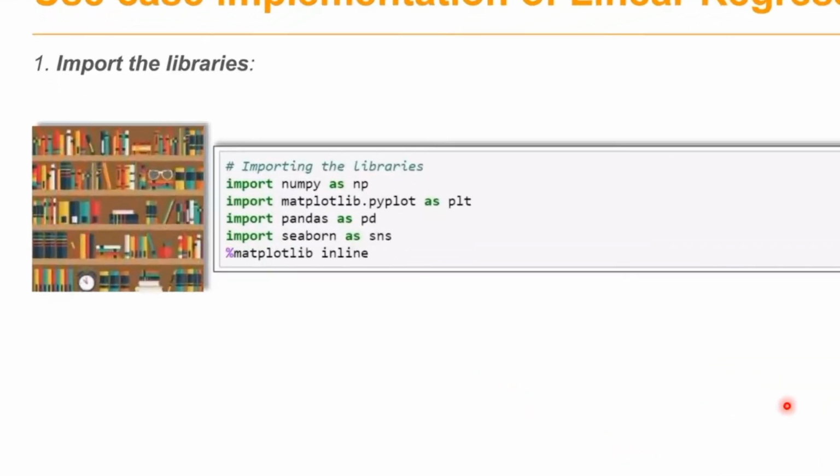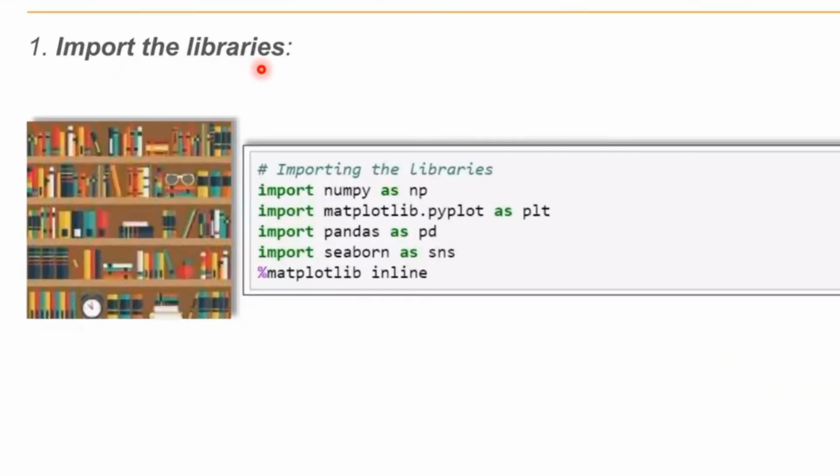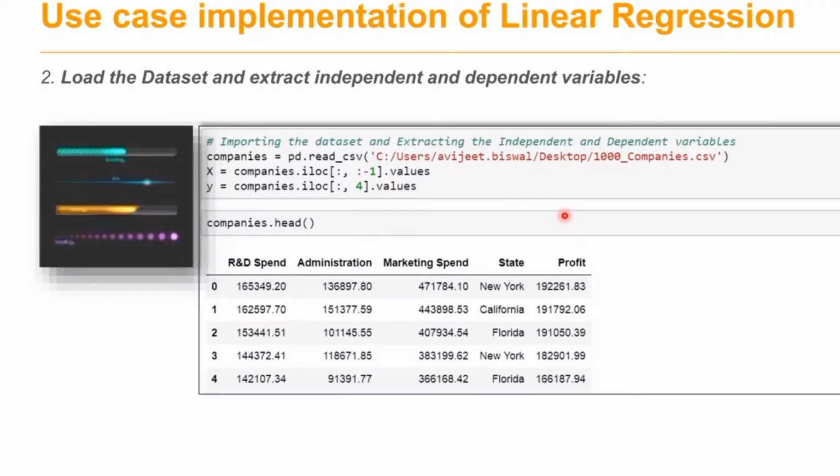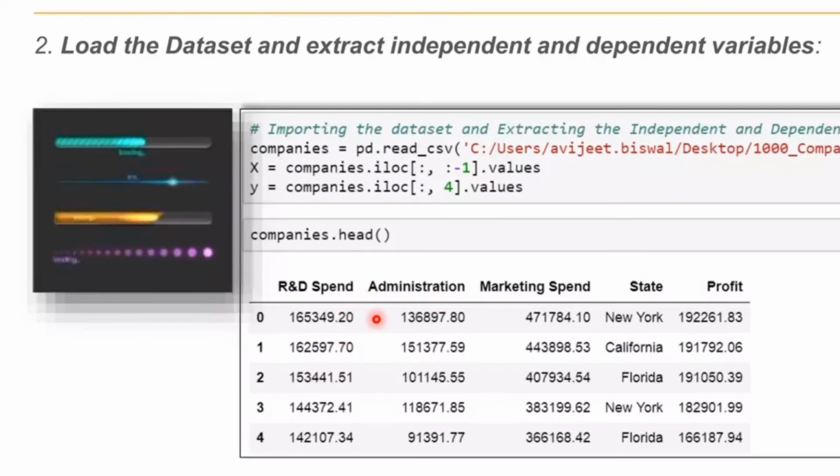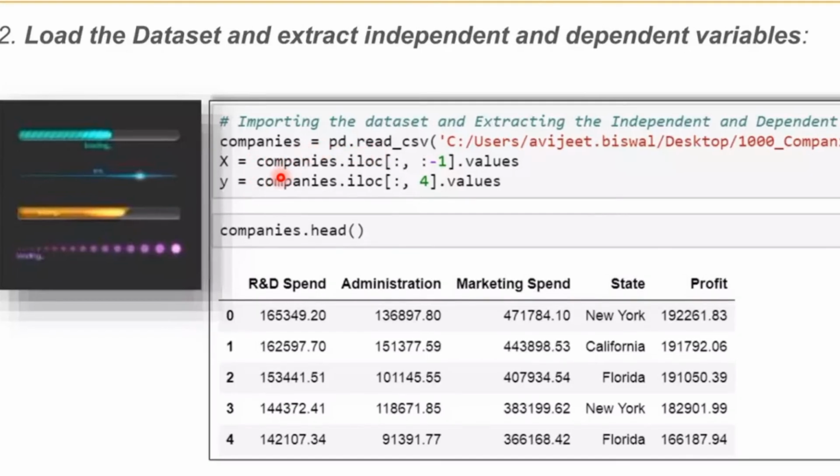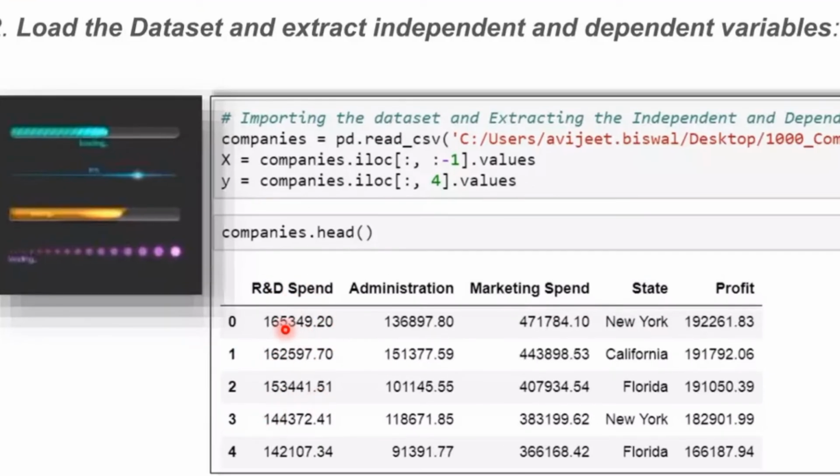During the implementation, first we import the libraries. Then we extract the dependent and independent variables, x and y, putting the values in a separate table. We can get the values of R&D spend, administration, marketing spend, and the states where the company is located, then their profits.